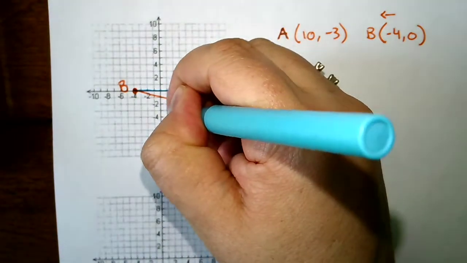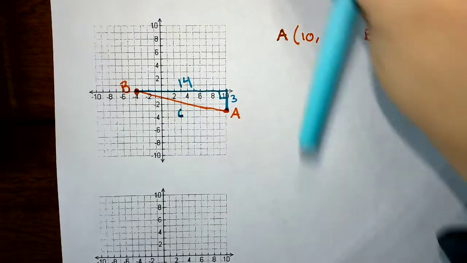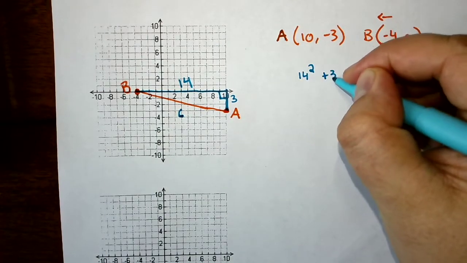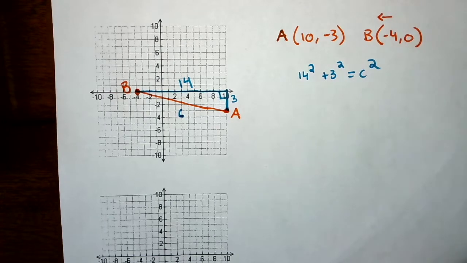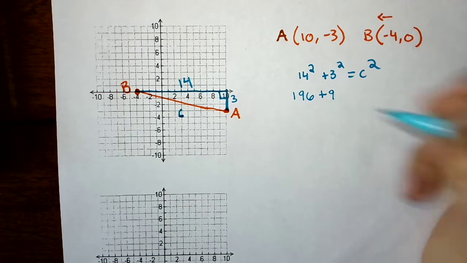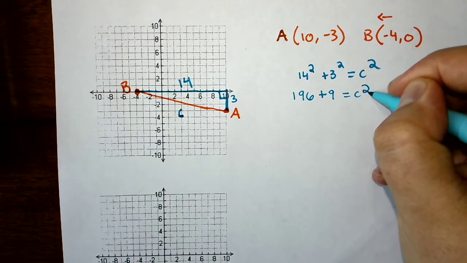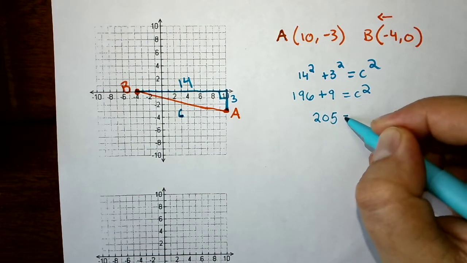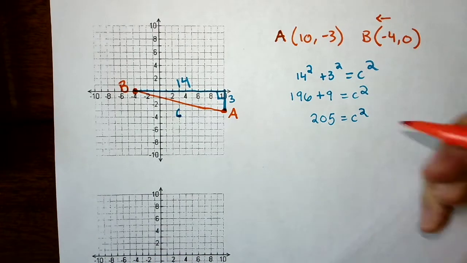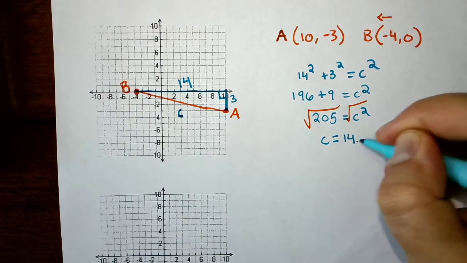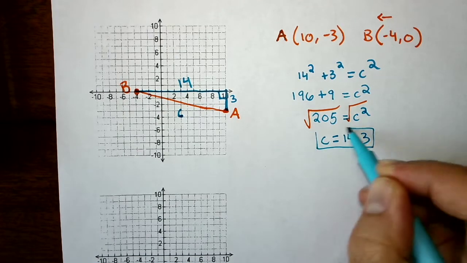Use that information to find C. All right, so 14 squared plus 3 squared equals c squared. 196 plus 9 equals c squared. 196 plus 9 is 205. Square root. The square root of 205 rounded to the nearest tenth is 14.3. So it's pretty close to the length of that first one.